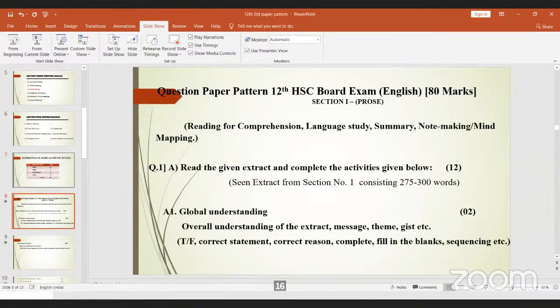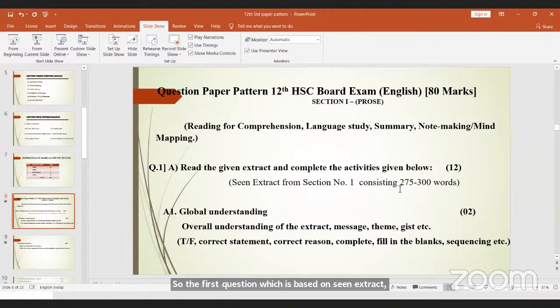The first question is based on a seen extract, which is for 12 marks. The extract will be given from any of the lessons, around 300 words. There are 6 activities.